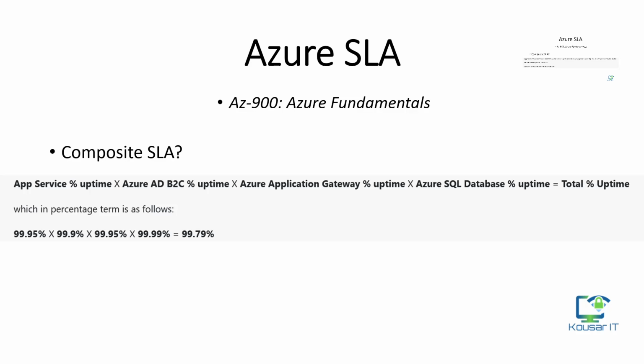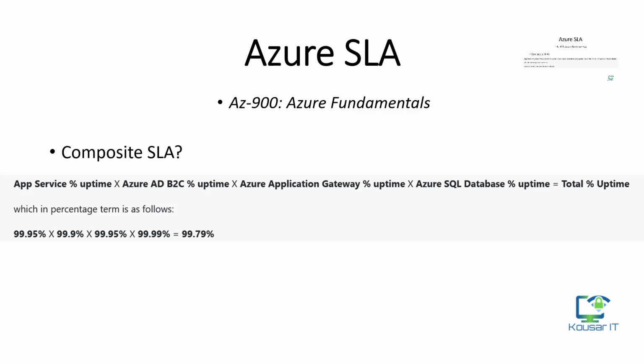And Azure has products which have 99.99% SLA, and some of them have 99.95. It's different. SLA is a combination of many things related to that specific product. So it's not true that if Azure says we have 99.99% SLA, it applies to everything.